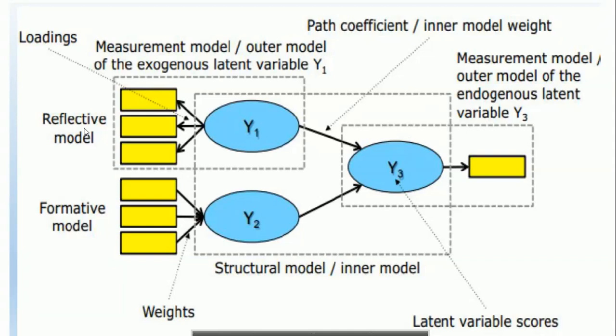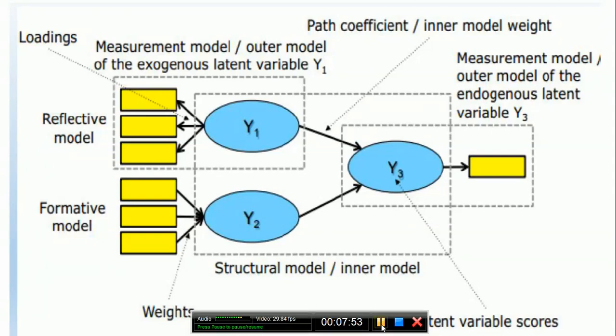Therefore, your intelligence level predicts the score on the question. So the latent variable is the predictor, which is the intelligence, and the measured variable, or the test, is the outcome.